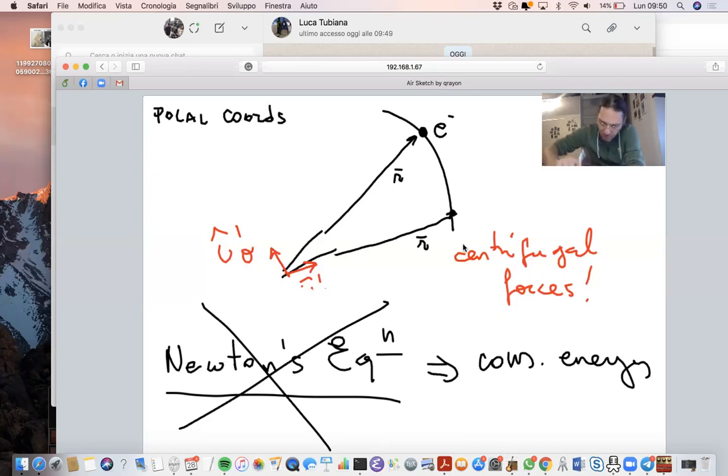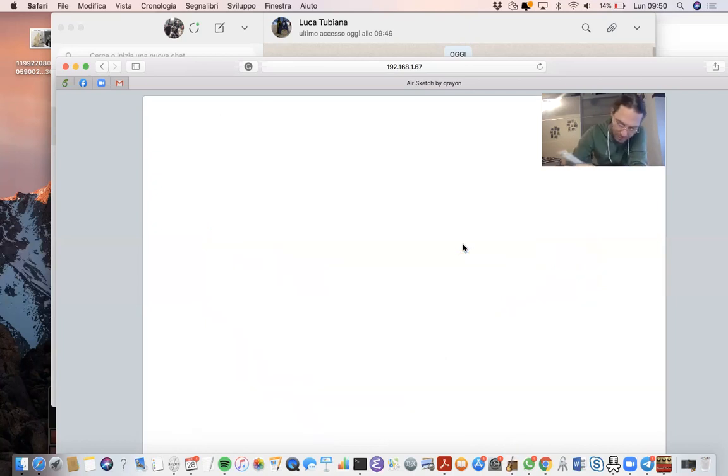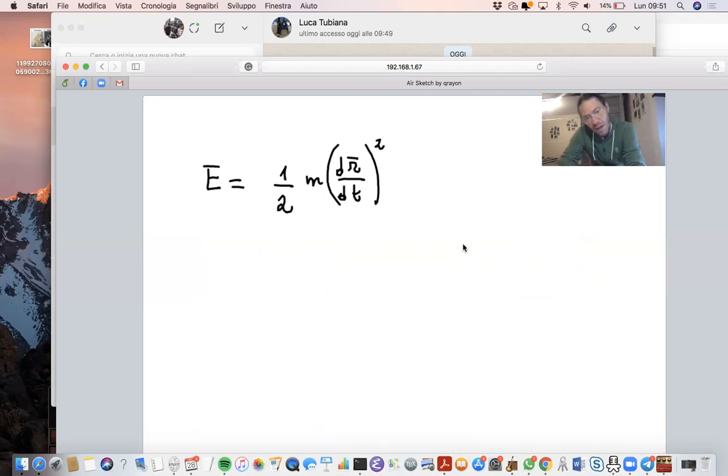So let's do that. Let's write the energy of the system. The energy of the system, which is going to be conserved, will consist of the kinetic energy, which is 1/2 mass velocity squared, that I write in the following way.